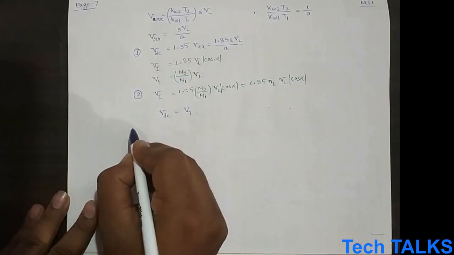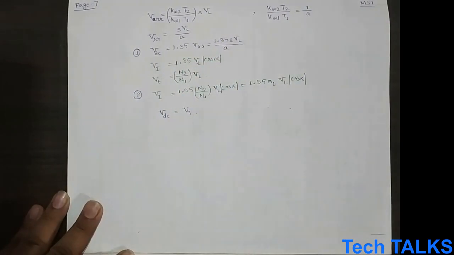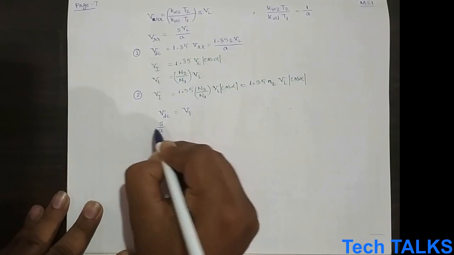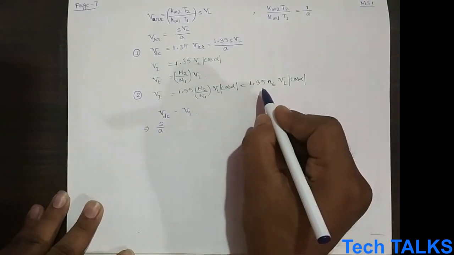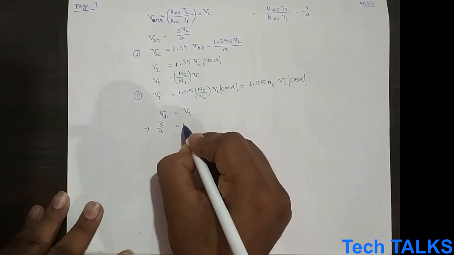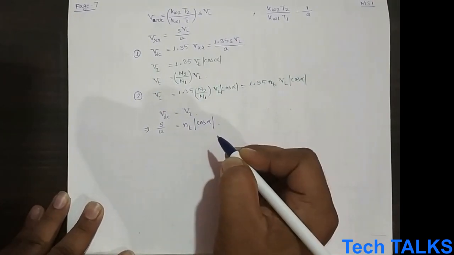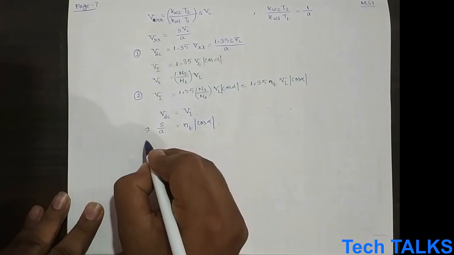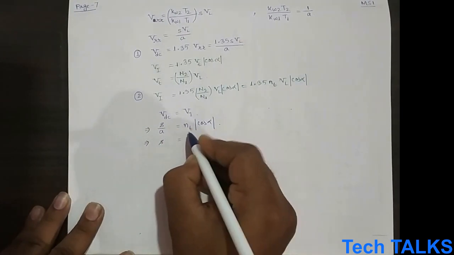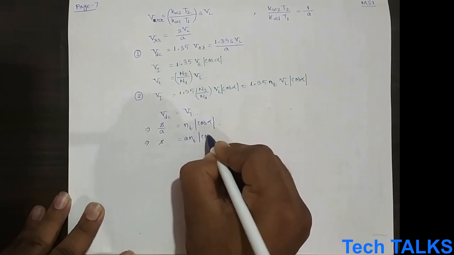If you put in VDC over here, you see 1.35 VL, this 2 will cancel out. So in VDC you are left with only S by A, and here also 1.35 and VDC will be cancelling out, so you are left with only NT cos alpha. So this S is equal to A NT cos alpha.